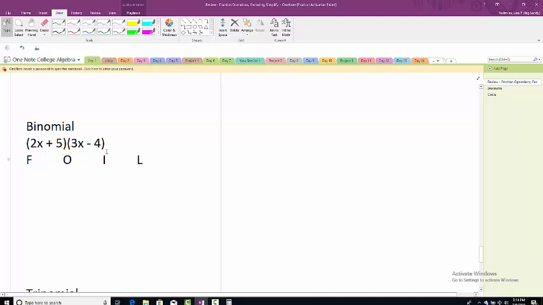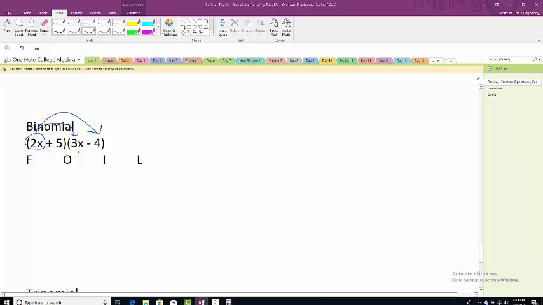But I'm actually going to do it using the distributive property just to show you it's the same thing. This 2x has to be multiplied to each term in the next parenthesis, just like before.